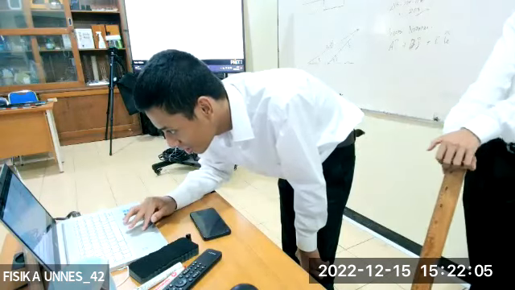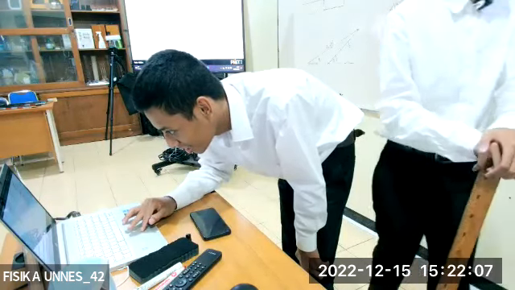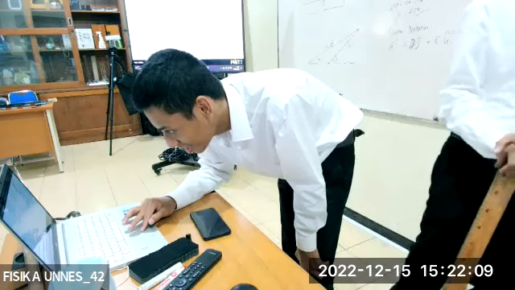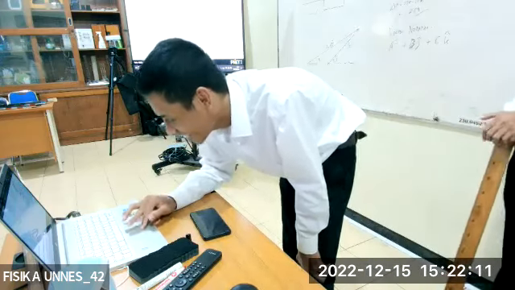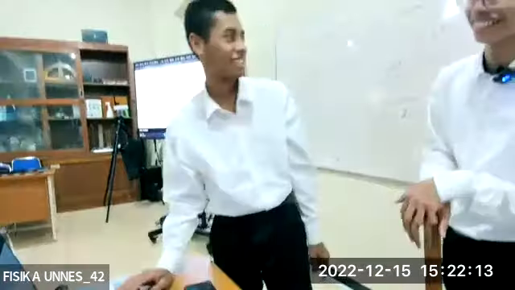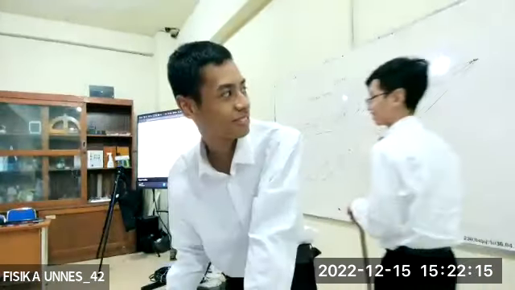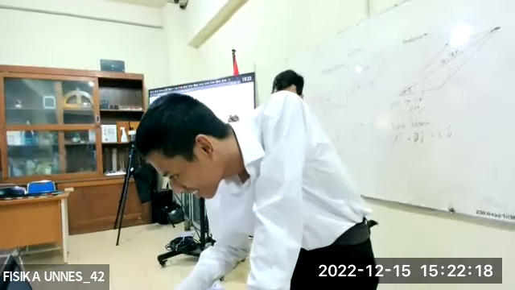For the second vector, it is x centimeters and making an angle of 75 degrees. 8 centimeters.